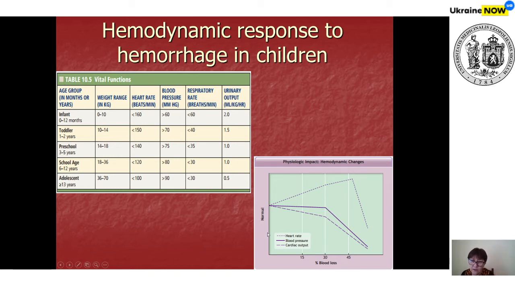In blood loss up to 30% of circulating blood, blood pressure in children may be quite normal, then decreases rapidly. Cardiac output has approximately the same dynamics, but heart rate increases up to 45% of blood loss. After this, the children develop bradycardia.